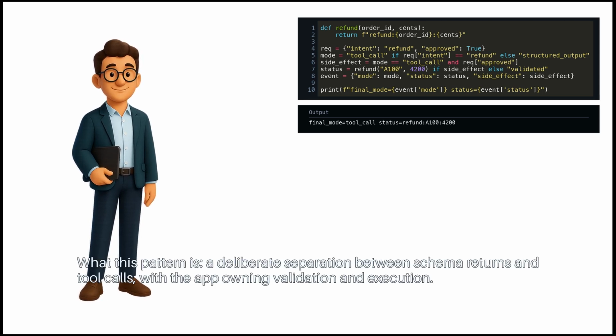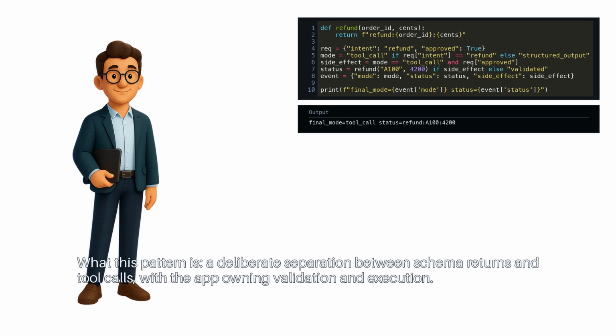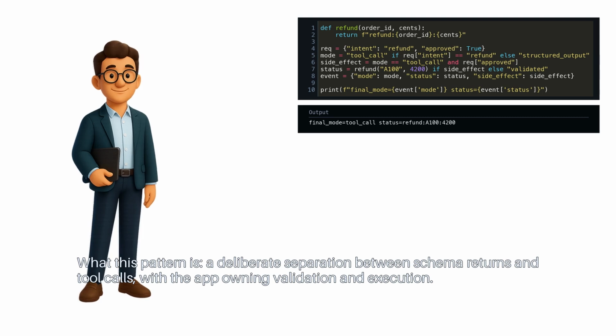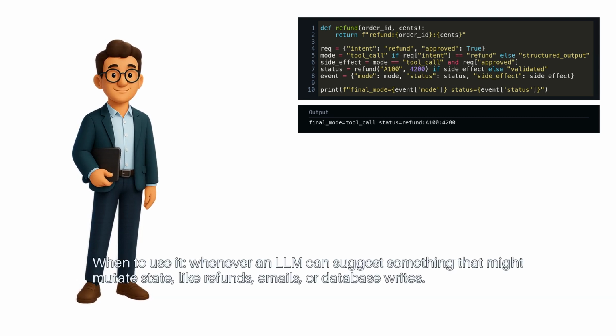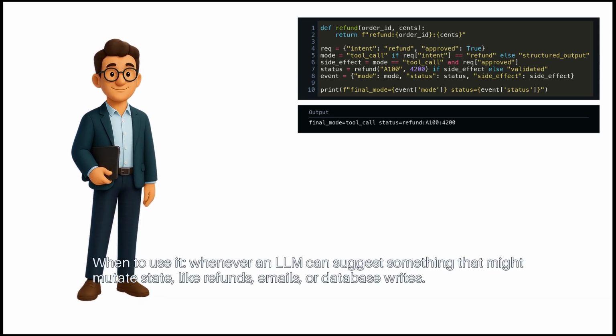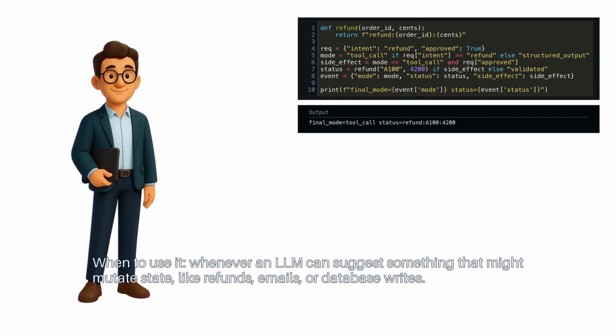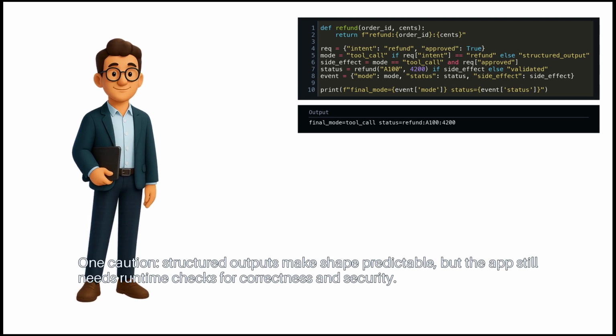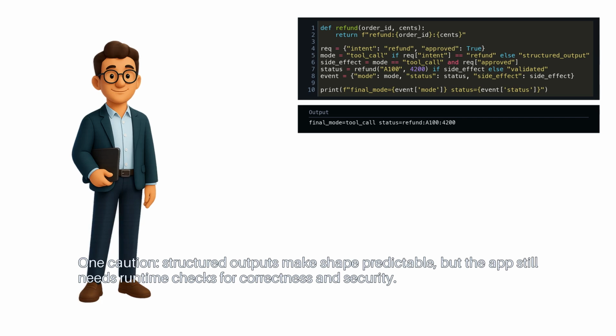What this pattern is: a deliberate separation between schema returns and tool calls, with the app owning validation and execution. When to use it? Whenever an LLM can suggest something that might mutate state, like refunds, emails, or database writes. One caution: structured outputs make shape predictable, but the app still needs runtime checks for correctness and security.